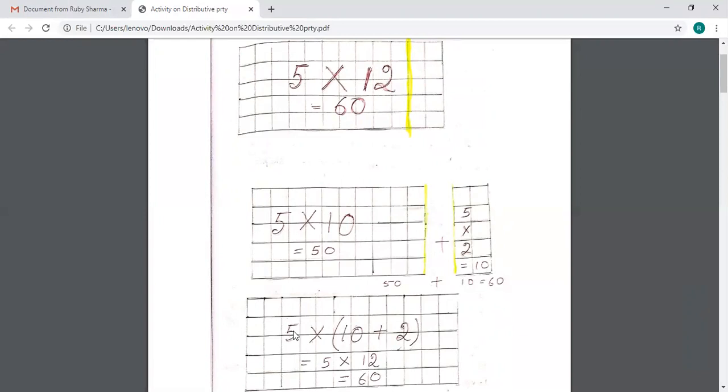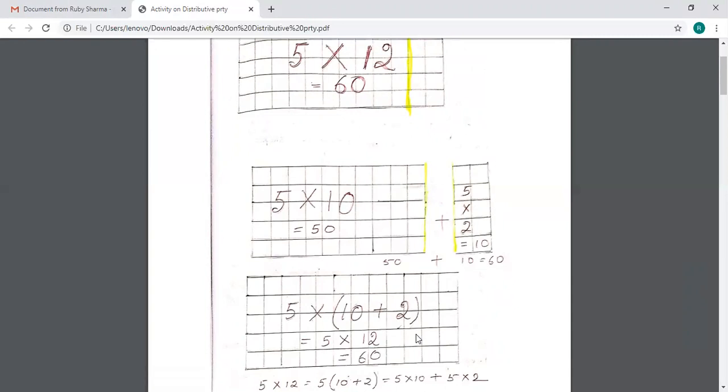So this factor 5 is distributed to the members of this group. The 10 plus 2 is within one group. So I put it within parentheses, that's brackets. And if I distribute this 5 to each member of the group and then add up, I get the same result, if I do simplification like this.